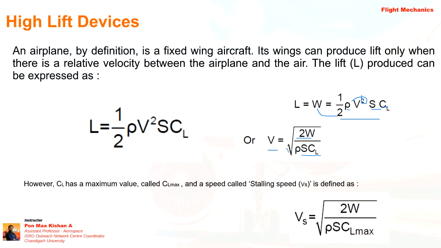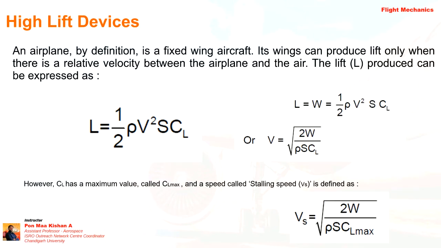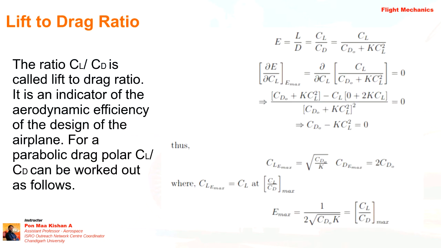So from here, if we want to fly with the maximum CL, that is CL max, don't get confused between CL max and CL at E max. There is a difference between CL at E max and CL max. Here I am using CL at E max for aerodynamic efficiency: for higher aerodynamic efficiency, what is the CL required?